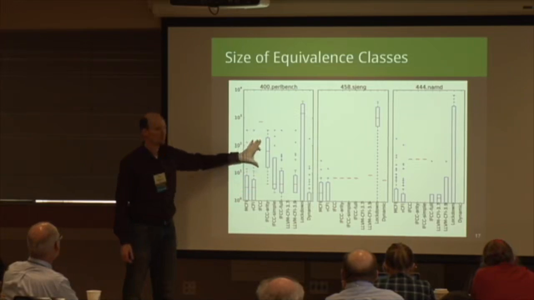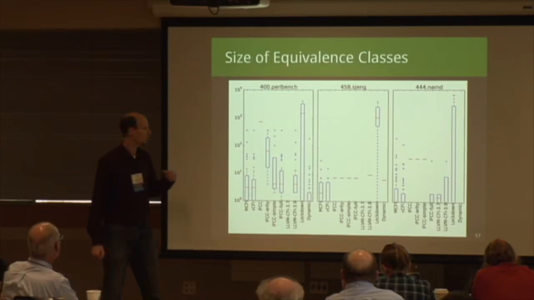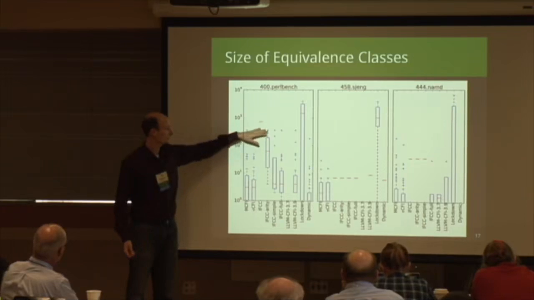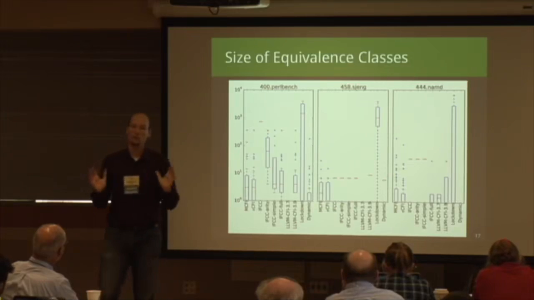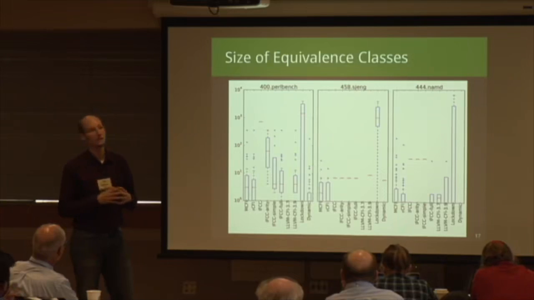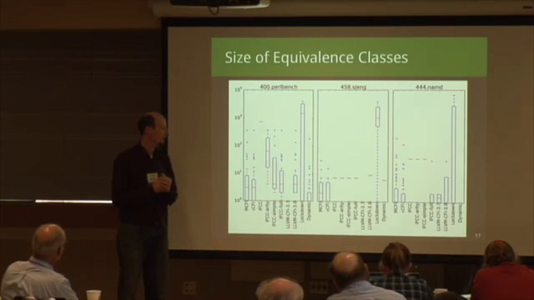The bar shows the 25th and 75th percentile of the target sets, and the whiskers show the individual outliers. So what we see here is a visual representation of how tight the static analysis is, allowing us to compare the static analyses against each other.